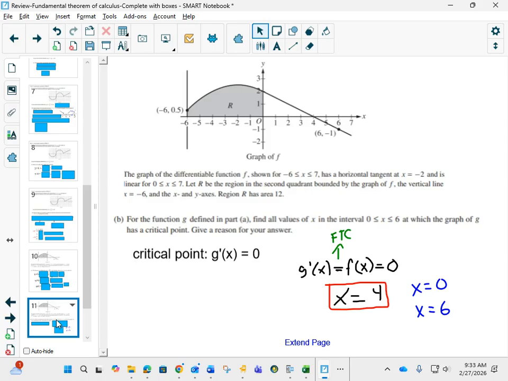Or does it? Wait a minute, let me think. My derivative at the endpoints, but my actual f of x, no, it does exist. Never mind, these get erased. You can get mixed up with the fundamental theorem of calculus part 1 and part 2. f of x actually exists at -6 and 0, and it's not equal to 0. So this is the only critical point.